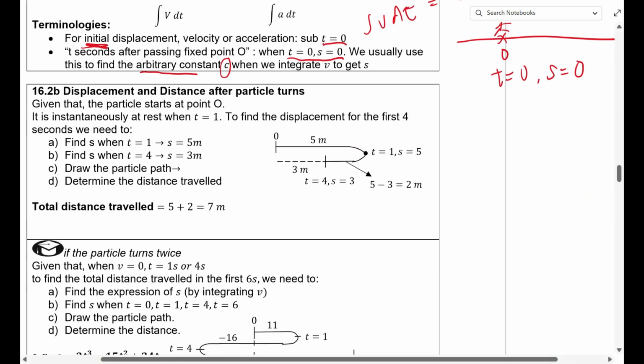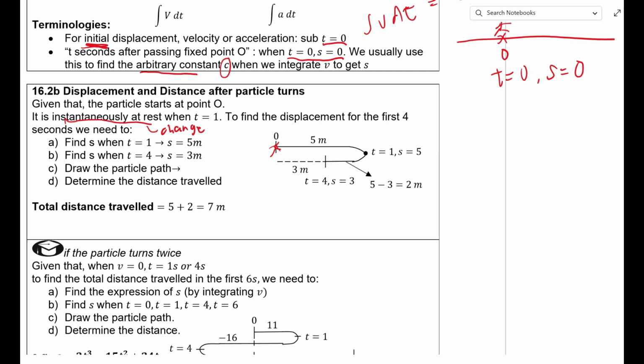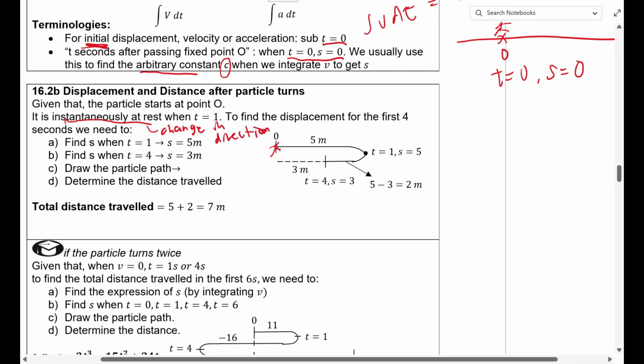Next part, we have displacement and distance after our particle makes a turn. Let's say our particle starts at point O. Here, it is instantaneously at rest when t equals 1. If you recall, instantaneously at rest means that there's a change in direction. And then the question asks us to find the displacement for the first 4 seconds.